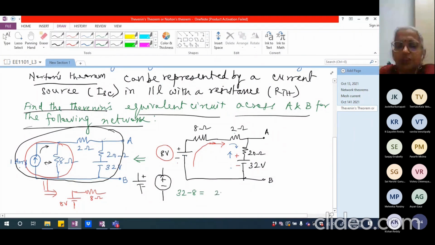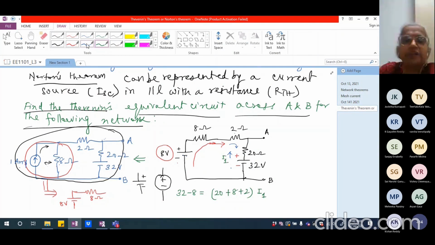So I should say 20 plus 8 plus 2 multiplied by I1, if I am calling this I1. Please note the direction. The direction is upward as far as this current is concerned. Ma'am, are you applying KVL law? Exactly.